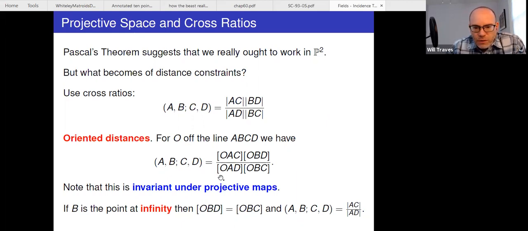And let me note, moreover, that these cross ratios are projectively invariant. What does that mean? It means that if you multiply all your homogeneous coordinates by a fixed matrix, then this ratio wouldn't change.